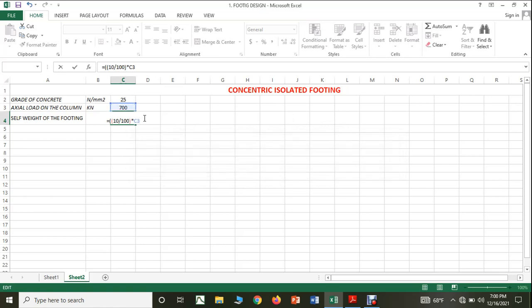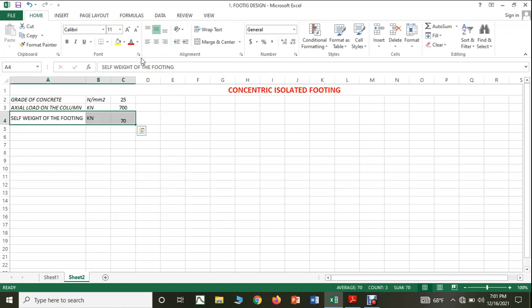Once you close it, it will be proper. Then you just give enter. You can see here the 10% of your axial load, that is 700, will be 70 kilonewton, right? So like that, I have created the formula. If you enter 800, automatically it becomes 80.